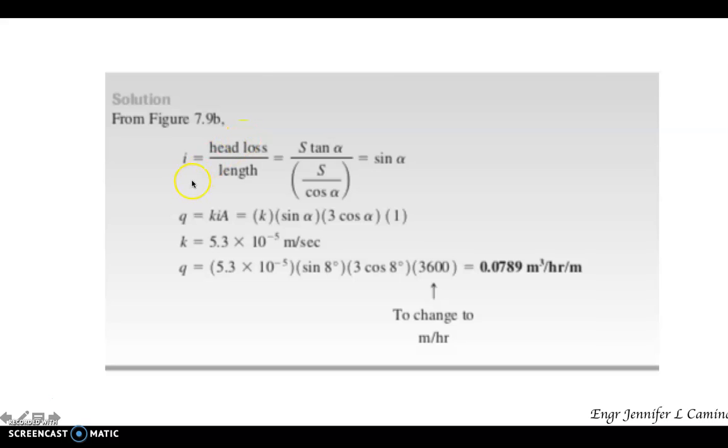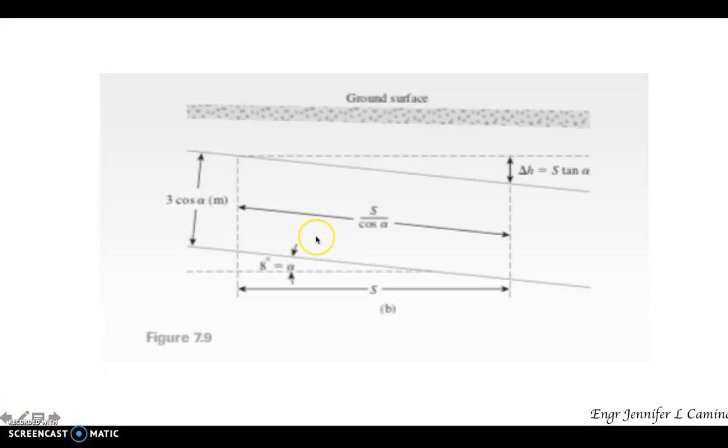So if we're going to have our i in our equation, which is head loss over length, basically our head loss is S tangent alpha from this figure. Our head loss is this one.